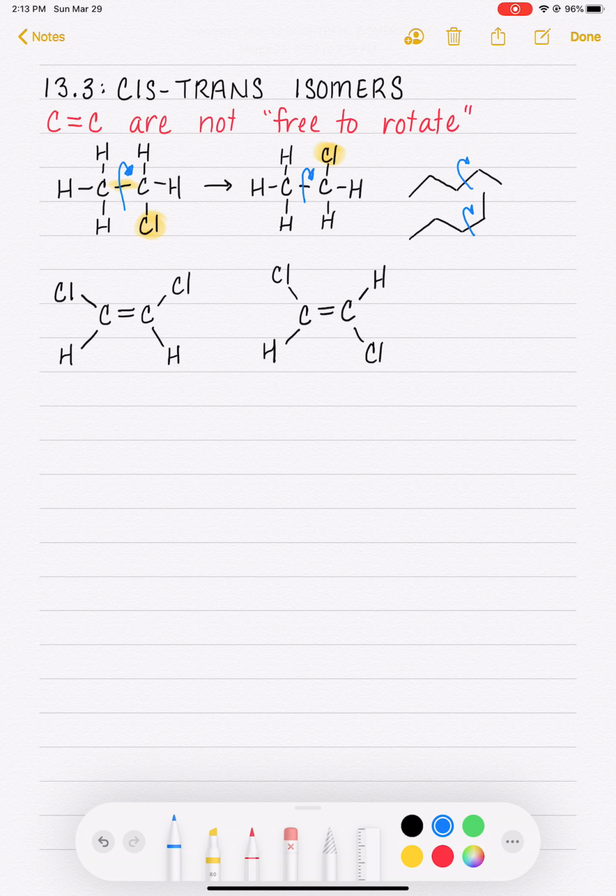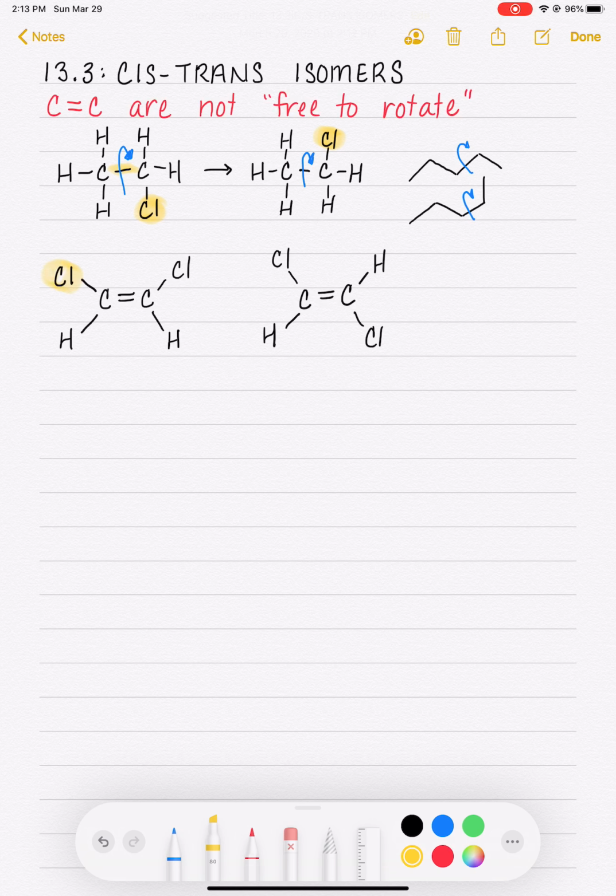The molecules are the same in terms of their connectivity. So if we look at how the molecule is arranged, going from left to right, we have a chlorine that's attached to a carbon that also has a hydrogen attached. And then there's a carbon-carbon double bond. And that carbon has a chlorine and a hydrogen.